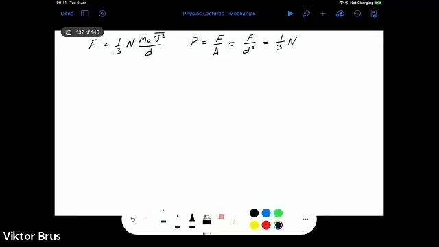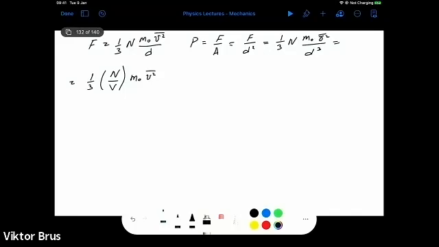And total number of molecules times m naught v square average divided by d cube. And this is equal to 1/3 n divided by v, since d cube is equal to the volume, the total volume of the container, times m naught v square average.